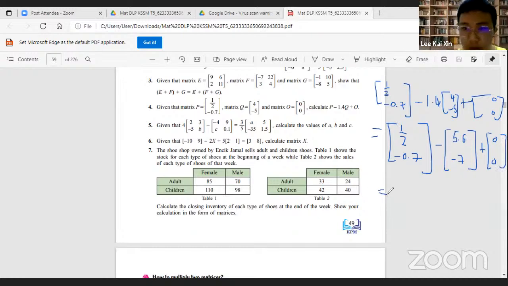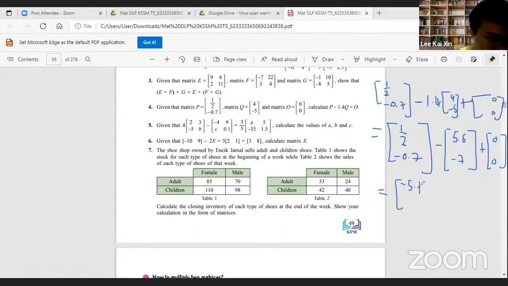Okay, so at the end you will get 1/2 or 0.5 minus 5.6. You will get negative 5.1.